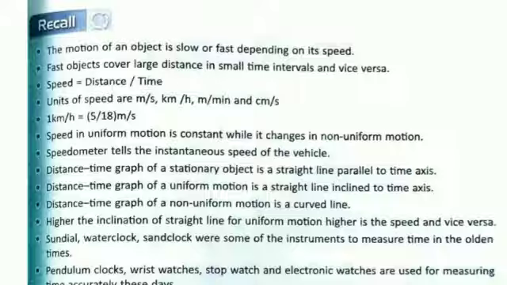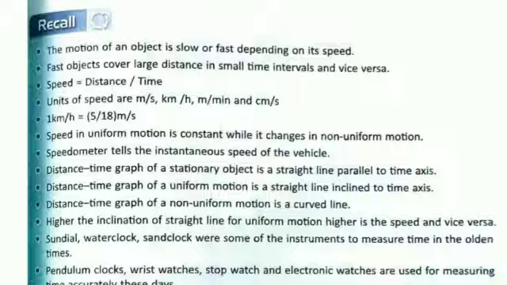Now, the distance-time graph of a stationary object. Remember, it is a straight line parallel to the time axis. The distance-time graph of a uniform motion is a straight line inclined to the time axis. And the distance-time graph of a non-uniform motion is always a curved line.